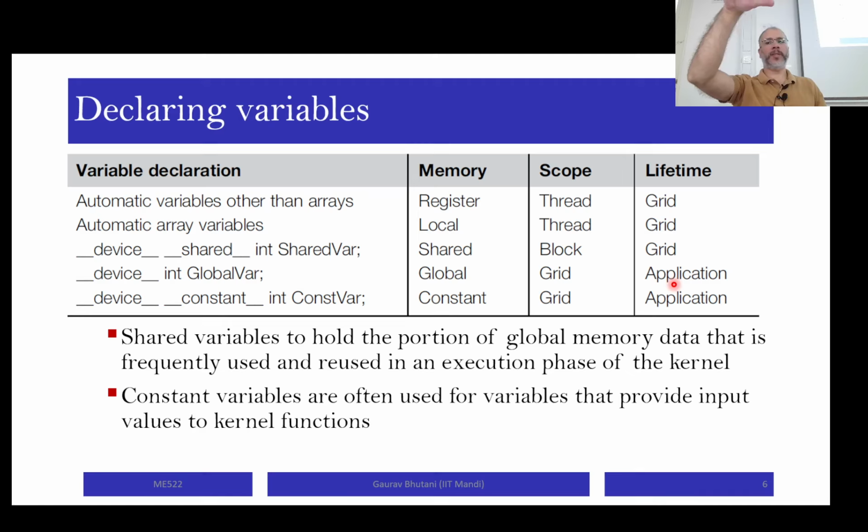So that means the lifetime is the complete application, not just your grid. And finally, the constant memory, which is basically used when you simply want to read information into the device. You don't want to write anything from the device. So it still has the same scope and lifetime as the global memory, but to declare that, you use the __constant__ keyword to identify them as variables which are constant.